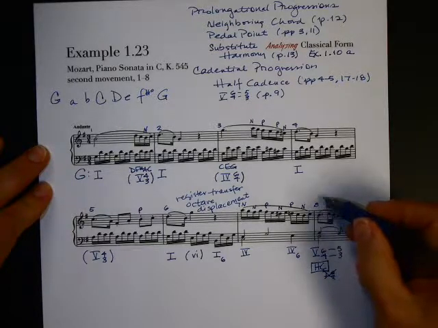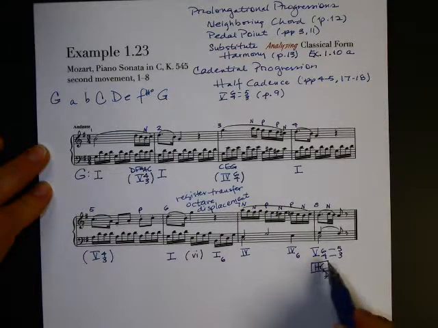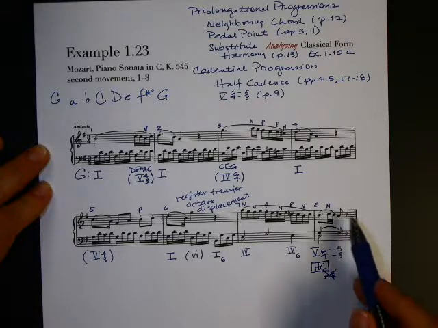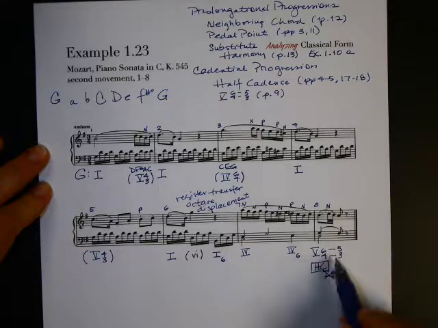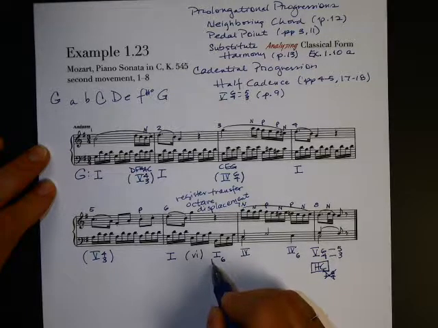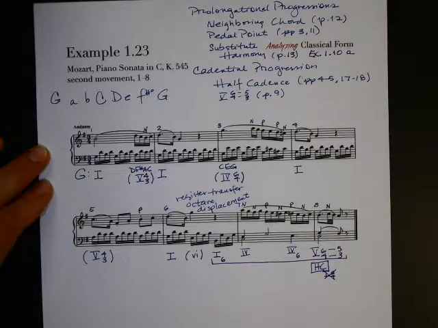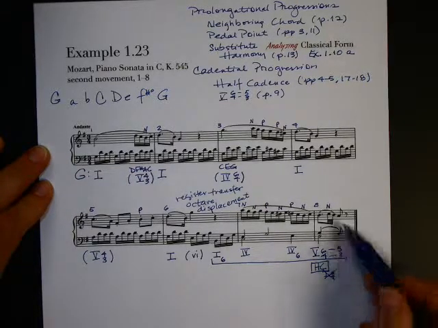He does put it in a rectangle. He would also like to bracket the chords that are part of the cadential progression. I would take it back to the 1 6, and that's the cadential progression. We will read more about cadential progressions.